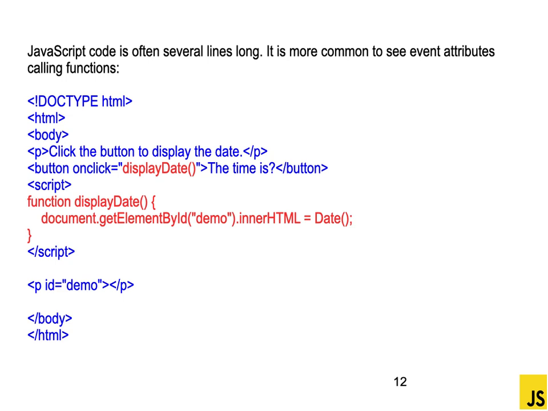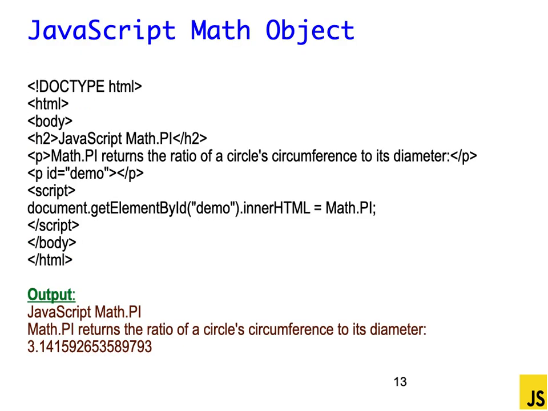So this is how the program works. That particular id is here, p id is equal to demo, slash p. So this is how event handling is implemented in JavaScript. Now we will see something about the Math object. Math object means some functions related to mathematical functions.